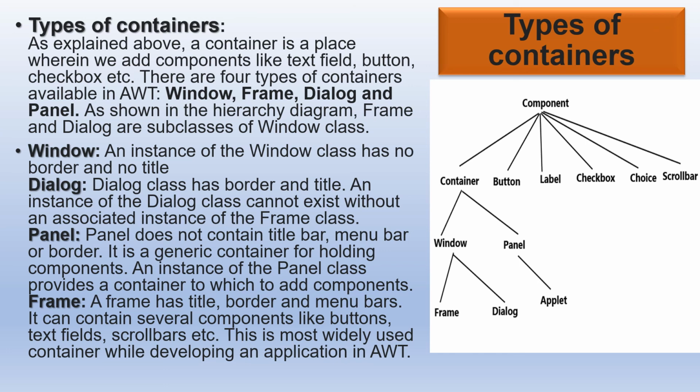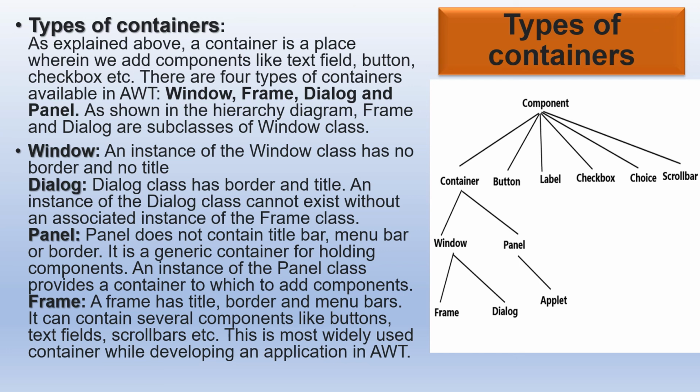The next is panel. A panel does not contain a title bar, menu bar, or border. It is a generic container for holding components. An instance of the panel class provides a container to which to add components. And the next is frame. A frame has a title, border, and menu bars.